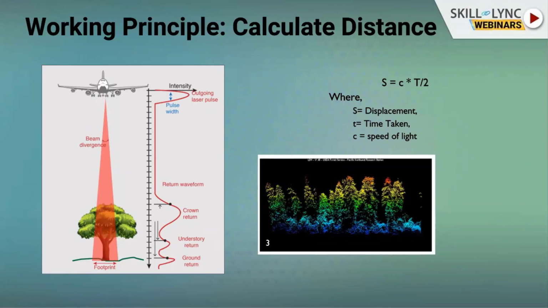Because I already have the speed of light, what I need to know is the time. As I explained in the previous slides, there are two components, a transmitter and a receiver. The transmitter emits the laser beams, and the receiver receives them.